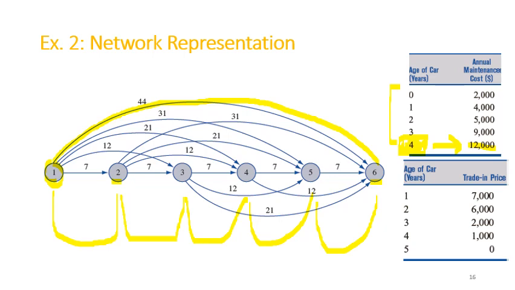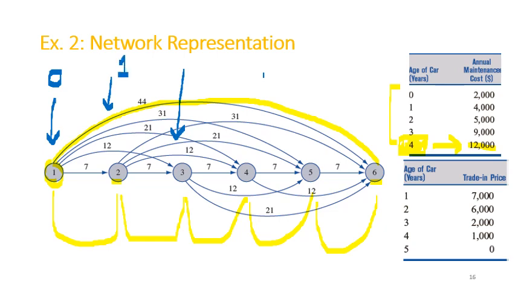So this is beginning of year 1, beginning of year 2, beginning of year 3, sorry, I'm quite confused with that. It can be quite confusing, right, between year and age. At the beginning of year 1, my car's age is 0. At the beginning of year 2, my car's age is 1.